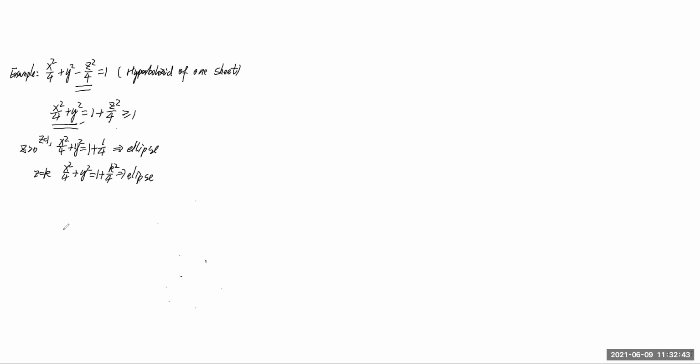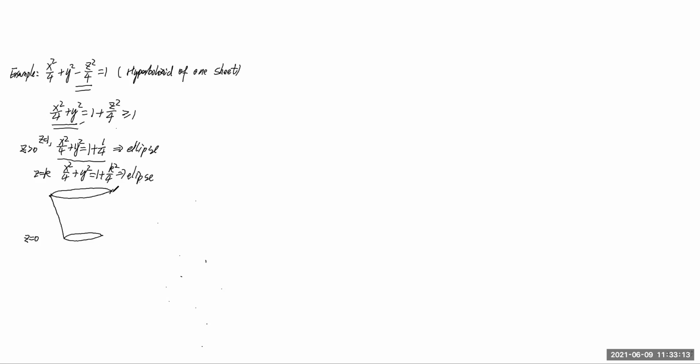So as z equals 0, we get an ellipse. It's not a point, right? If you look at the previous example, that's a point, but here it's elliptic. And then as z gets bigger, you get a bigger ellipse.